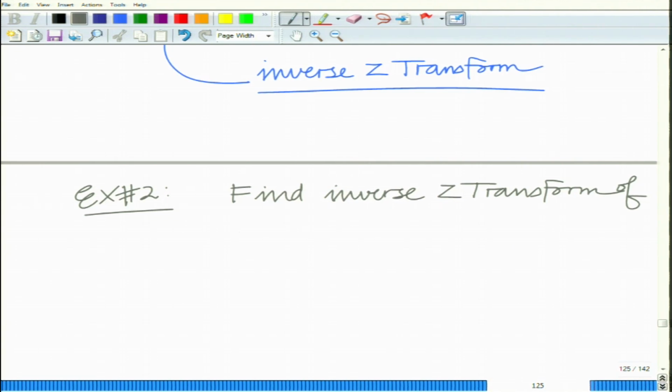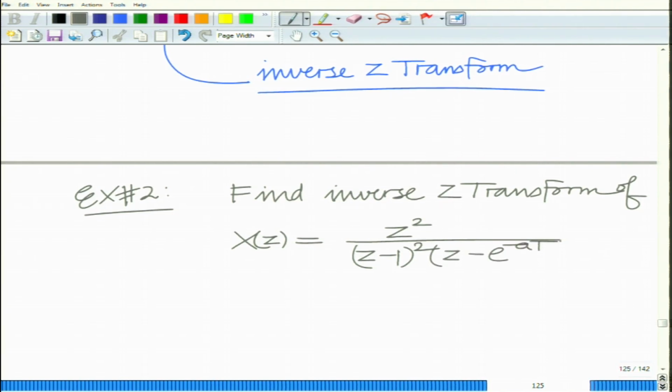Find the inverse Z transform of x(z) equals z squared over (z minus 1) squared into (z minus e raised to minus a t).